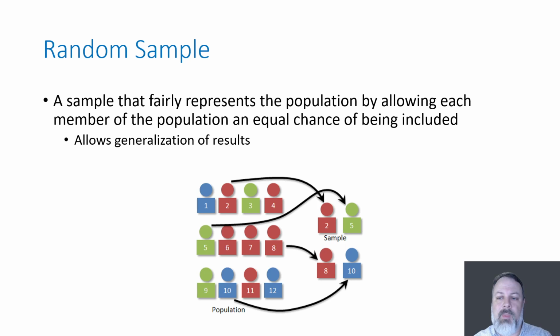And so this is what you see in, say, large telephone polls, where they use random number generators to randomly generate a phone number, and then they call, and whoever answers is who they then ask their questions to. That could be an example of a random sample done in a large scale population.